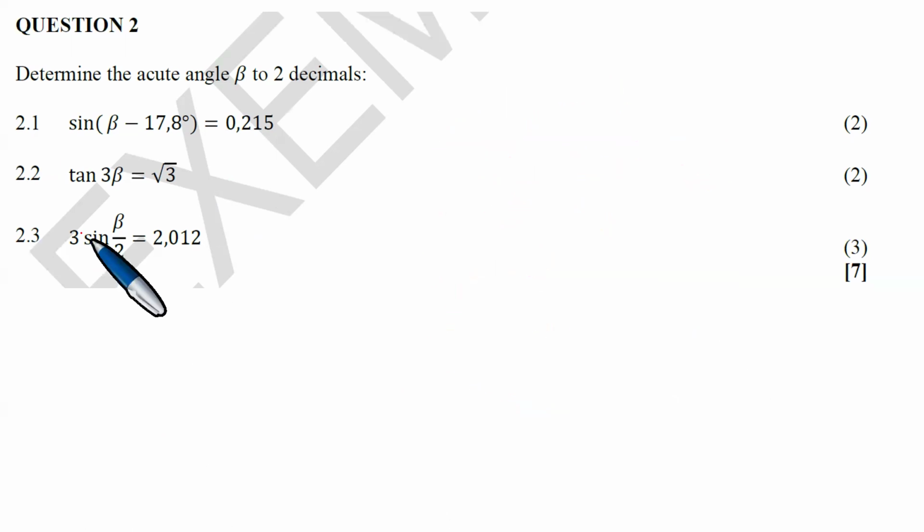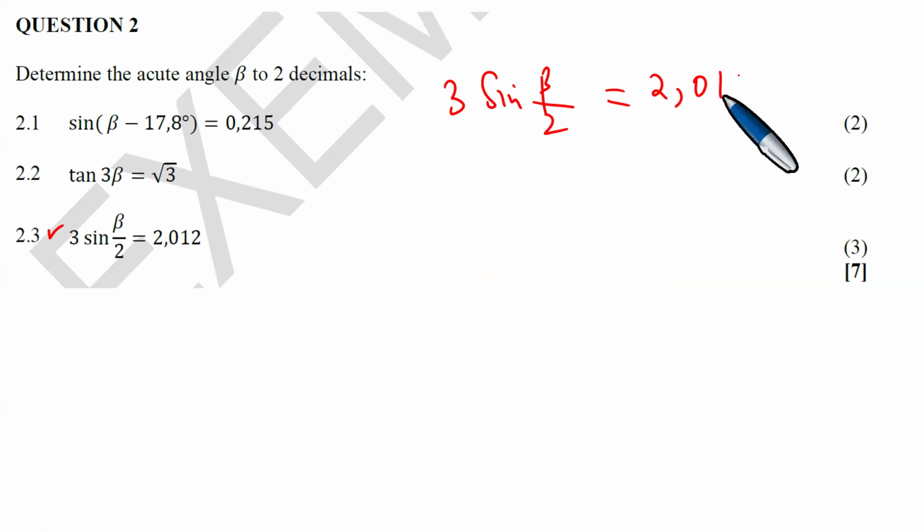Next question. Right, in 2.3 now, we want to do this one. And 2.3 is a very interesting one. So if you have 3 sine of beta out of 2 equals 2.012. We want to find the value of beta, and to find the value of beta here, we do the following.